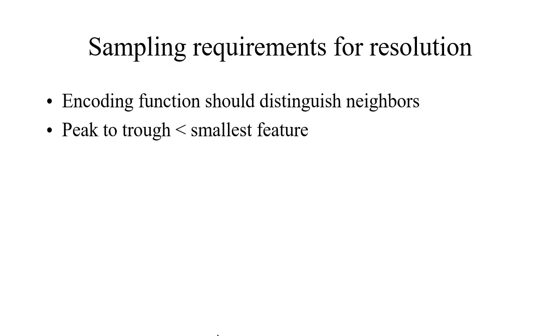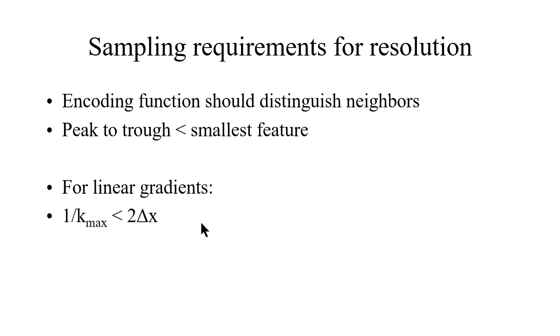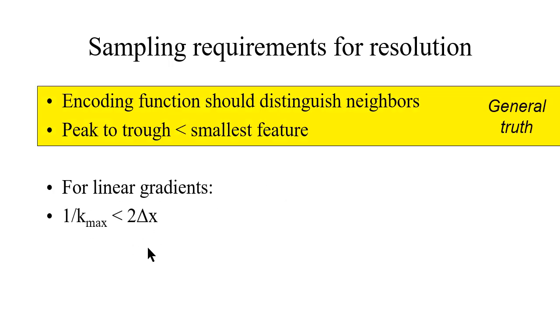One way to guarantee that is that the peak to trough distance should be smaller than the smallest feature. Again, for linear gradients, you can easily write this in terms of k max, and smallest feature we associate with our voxel size, and then you come out with an equation like this. But more generally, this is the reasoning behind it.